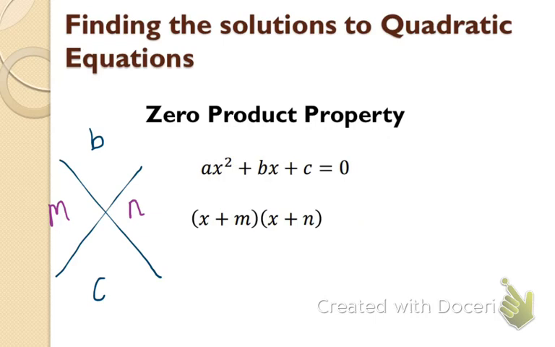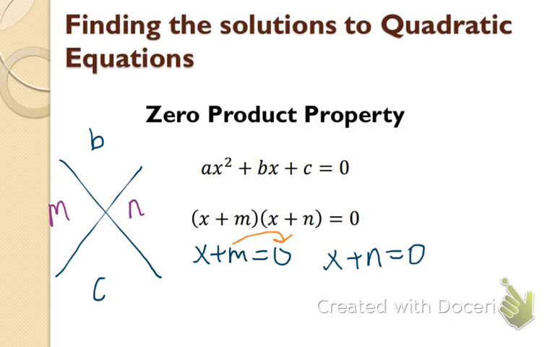So if the quadratic expression is equal to 0, then our factored expression is also equal to 0. What we do next is we separate each individual binomial, we set it equal to 0, and we isolate the x, meaning we solve for x.